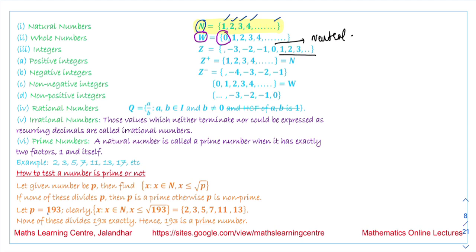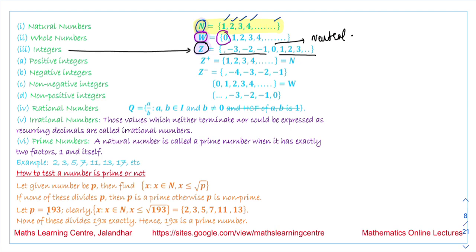These are the natural numbers, and these are the negative numbers. All these numbers, positive natural numbers, the neutral element 0, and the negative numbers, together form the set of integers, denoted by z. The basic purpose of telling these sets is that you should know this notation: n is for natural numbers, w is for whole numbers, z is for integers.